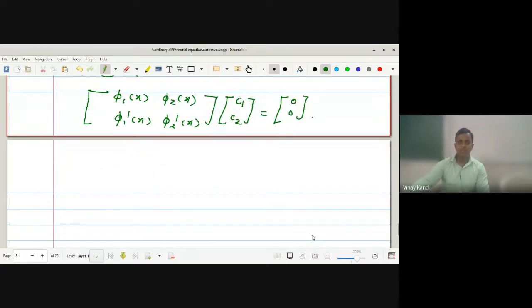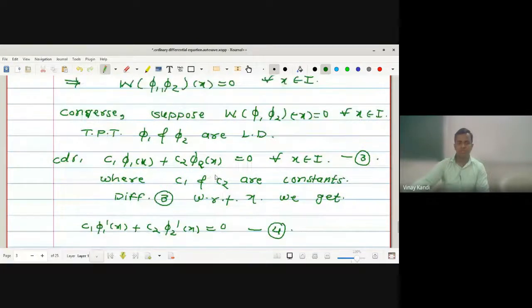What we assumed in the converse part: we suppose that the Wronskian of phi1 and phi2 is 0.